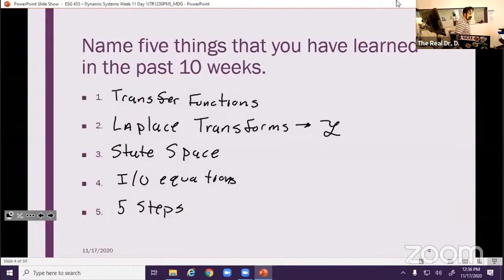That's how we get the transfer function. That's how we spent the whole first 4 weeks of class, was writing input-output equations. And yeah, the 5 steps. Right? Dr. G's super terrific number 1 5-step method for making models. That's essentially the backbone of the class. Cool, cool.